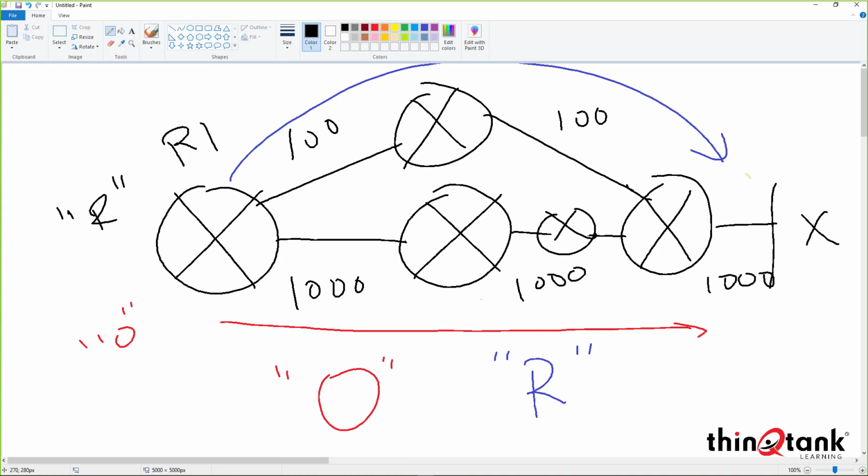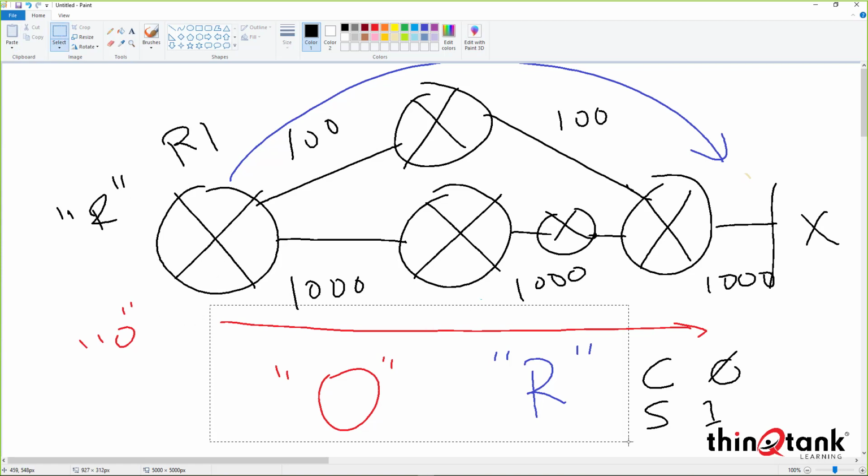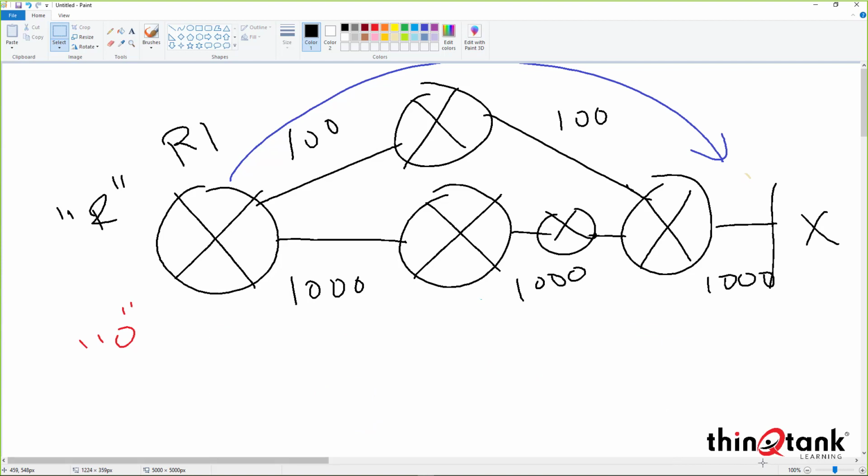All right? So for example, I'll just write some down. There's some in the book, but I'll write them down. Let me clean this up a little bit so I have more space to write these. Connected route, 0.